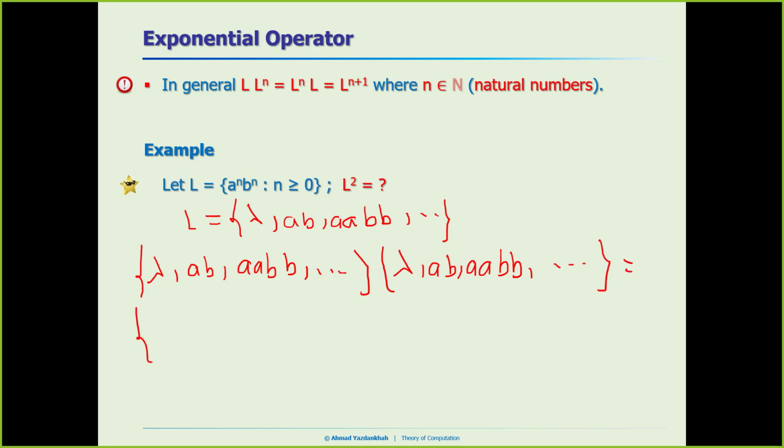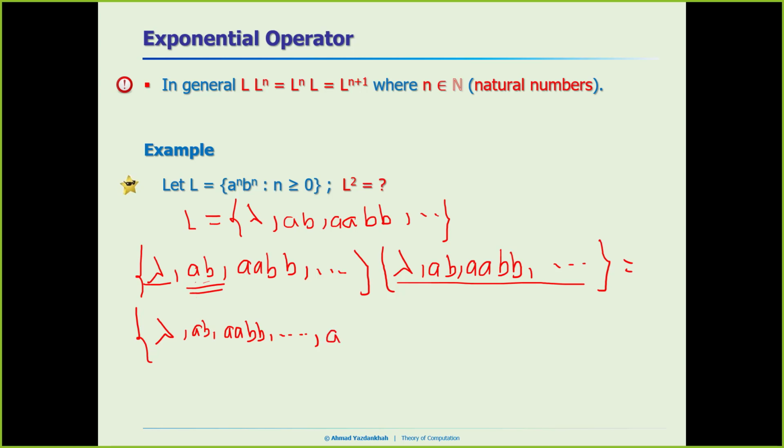You need to concatenate lambda with all of them, right? Since lambda is the empty string, you will get all of these here: lambda, A, B, AB, BB. Now it's time for this guy, AB, with all of these.